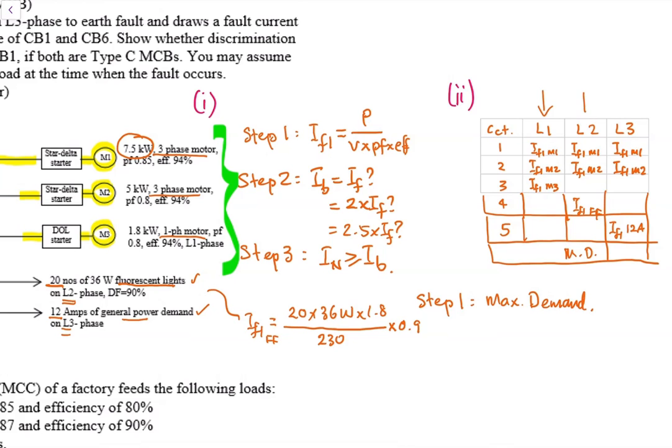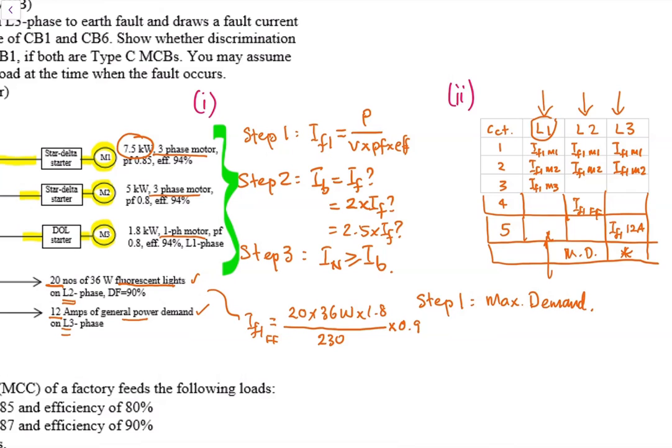If I add up the total of each phase, phase 1, phase 2 and phase 3, very likely the total load highest will be in this phase. So I will take the total maximum demand here as the sum of this phase. Okay, so that is for maximum demand.